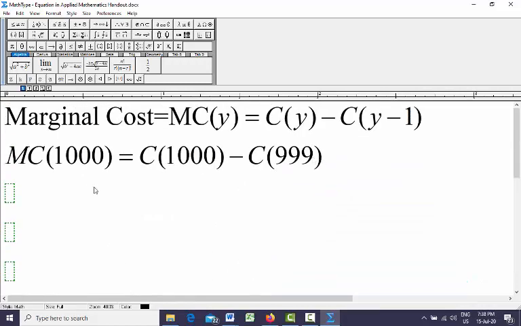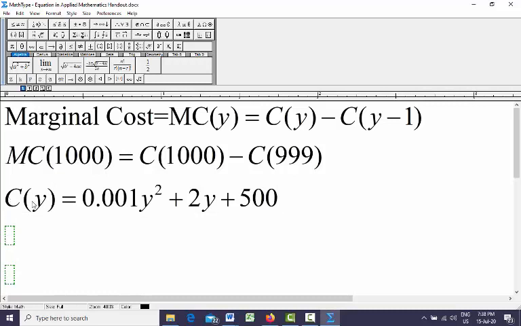So this was the cost function. Here the cost function was like this one. Now, as you can see, what will be the value of this one?